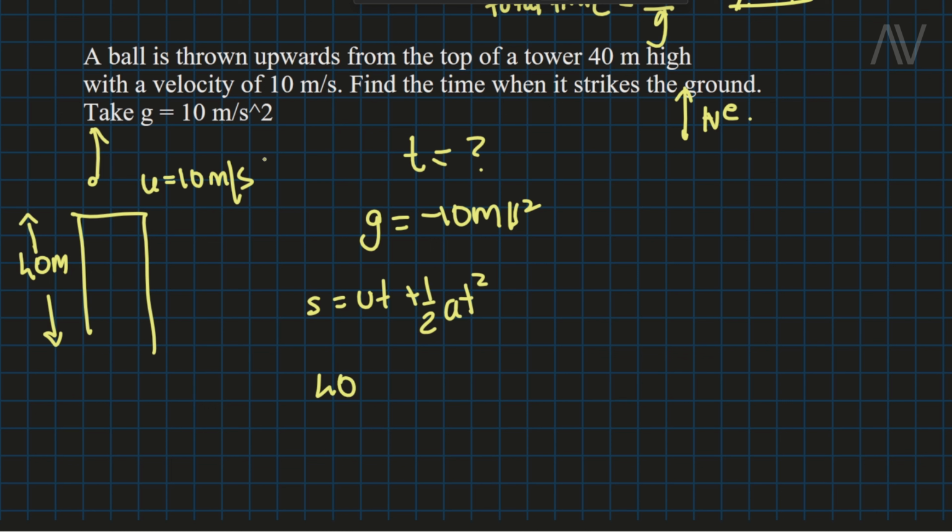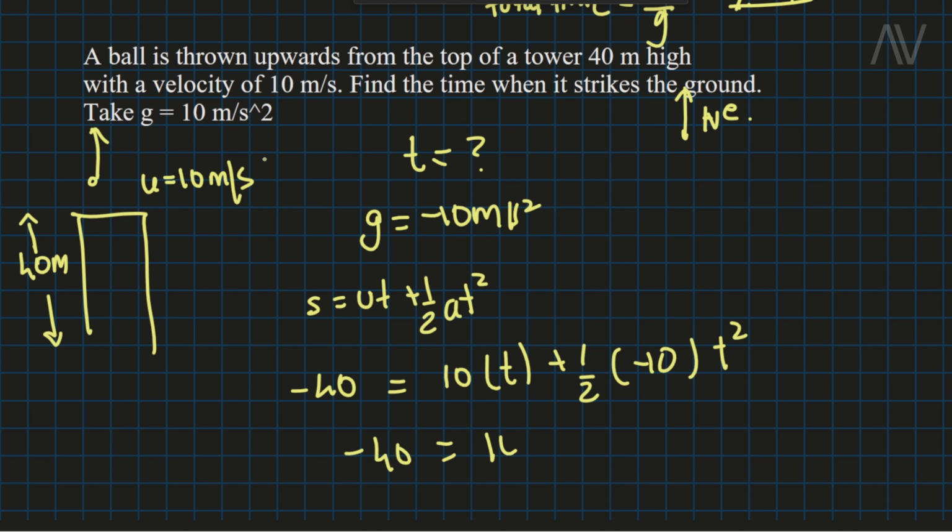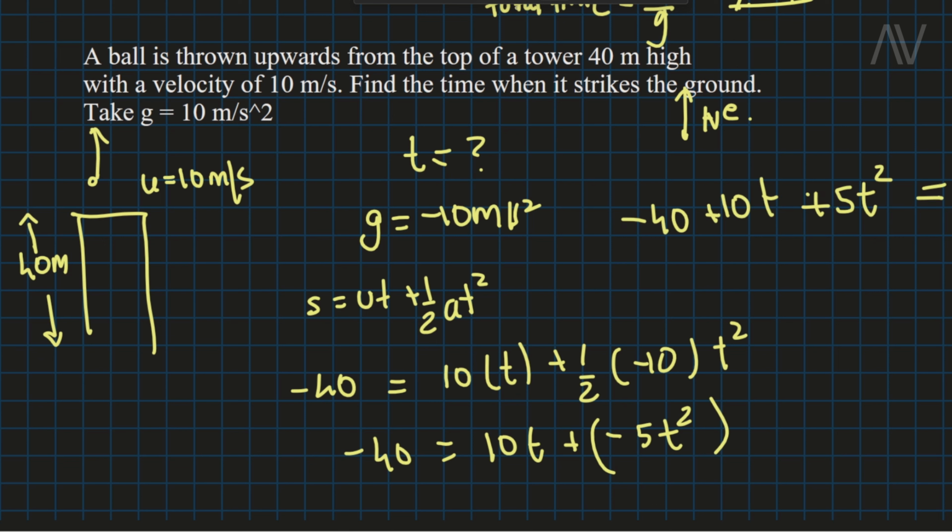S over here is negative 40, and u is 10. Time is unknown, plus half of negative 10 t square. So negative 40 = 10t + (negative 5t²), and by solving this quadratic we would get t = 4 seconds and t = negative 2 seconds.